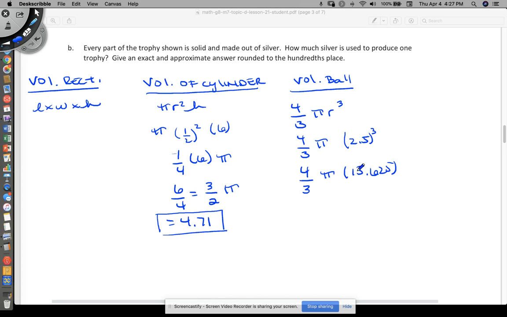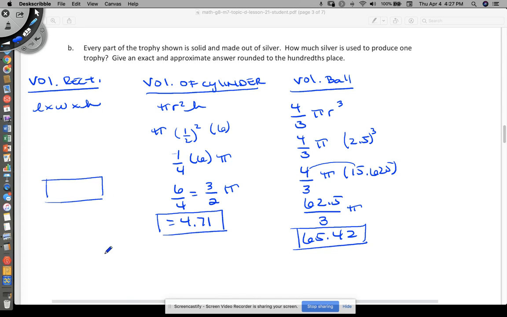Now I'm going to multiply that by 4, and that's going to give me 62.5 all over 3. Multiply that by pi, and I get 65.42. So you're going to take the answer that you guys got over here for the volume of the rectangle, add these 3 up, and give me your final answer.